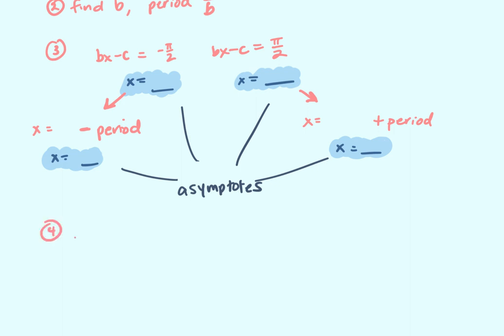And we're going to plot those asymptotes. There will be 4 of them.